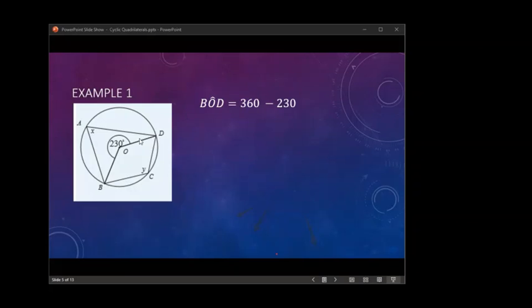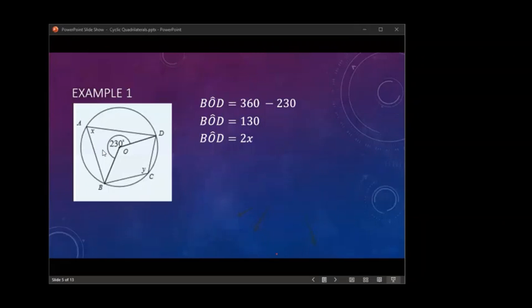First, the angle BOD should be equal to 360 minus 230, which is 130. This angle is the reflex angle.